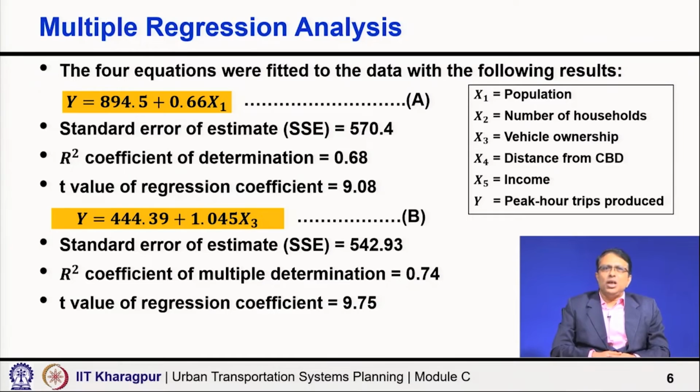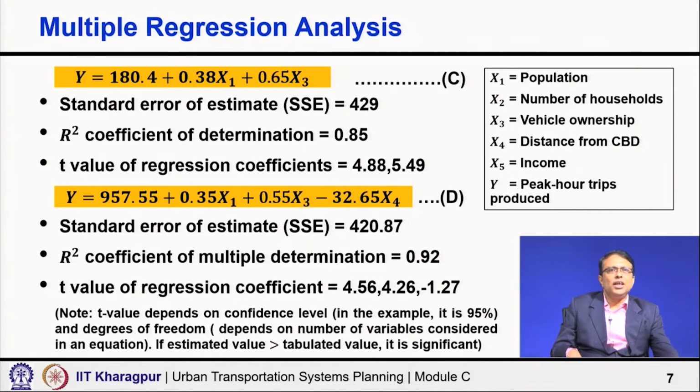Look at this equation, y equal to 894.5 plus 0.66a, y equal to 444.39 plus 1.045 x 3, then y equal to 180.4 plus 0.38 x 1 plus 0.65 x 3, and the last one y equal to 957.55 plus 0.35 x 1 plus 0.55 x 3 minus 32.65 x 4.